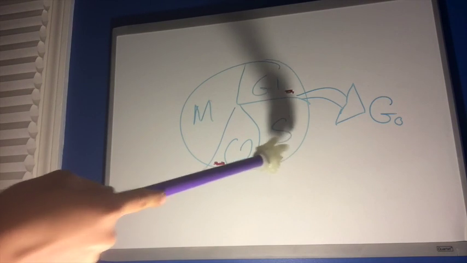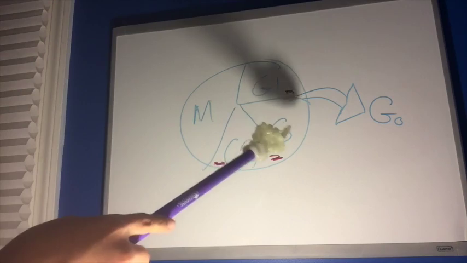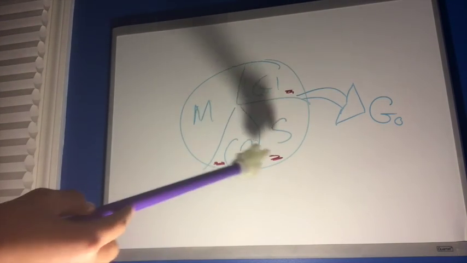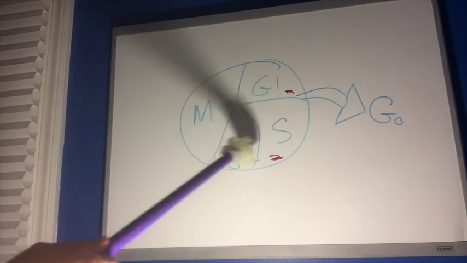During S phase, there might be a checkpoint to make sure that the DNA did replicate correctly, so that there is no mutated or damaged DNA that will later lead to a mutated cell, which could later lead to cancer. So we don't want cancer. We want good cells replicating. Then G2 would be a checkpoint to make sure that everything through interphase went correctly, so that it is ready to go through mitosis and everything runs smoothly again.